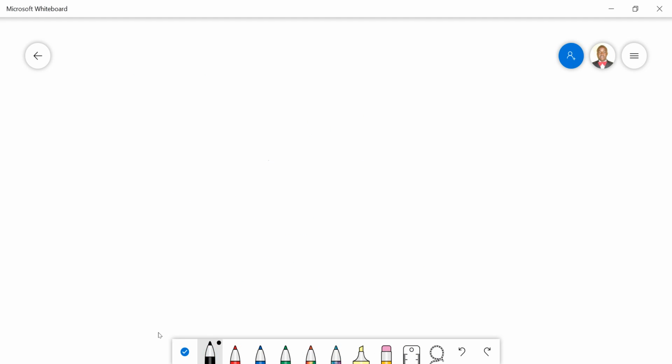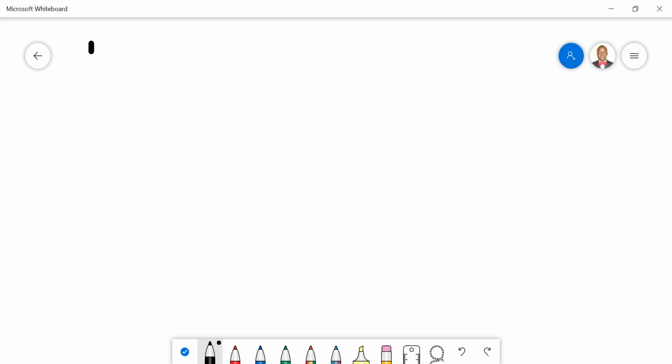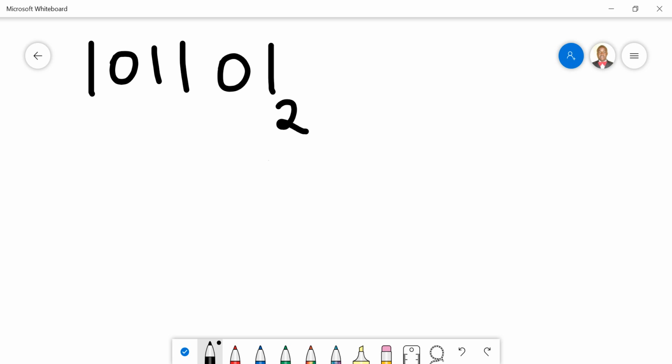We are given 1 0 1 1 0 1, and we know that this one is of base 2.